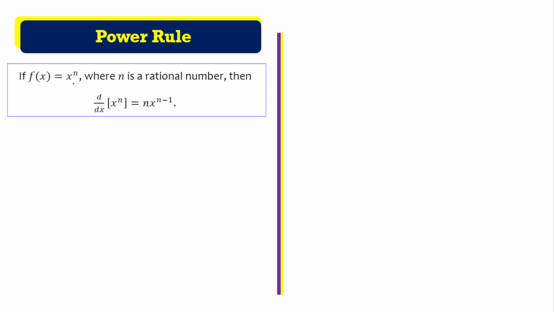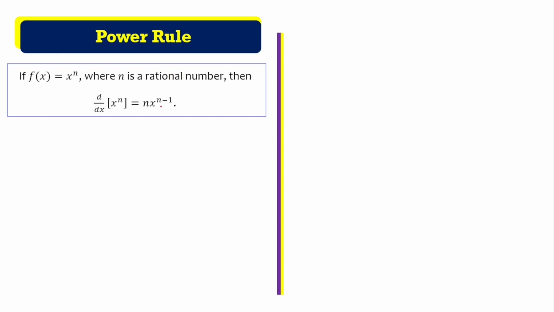If we have the function f of x in the form of f of x equals x raised to n, where your exponent, the n, is a rational number. Examples of rational numbers are 1/2, the positive integers, the counting numbers, the 0, and the negative integers, -1, -2, -3, and so on, and also the fraction numbers, positive and negative fractions.